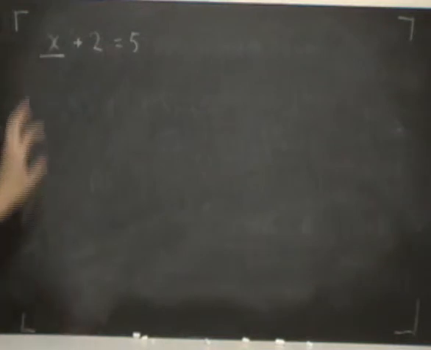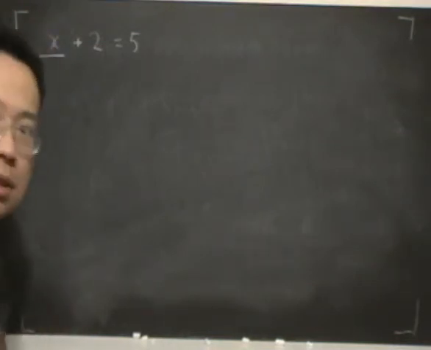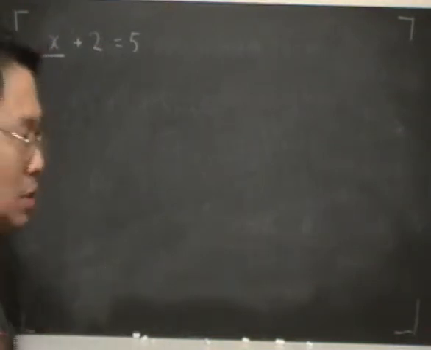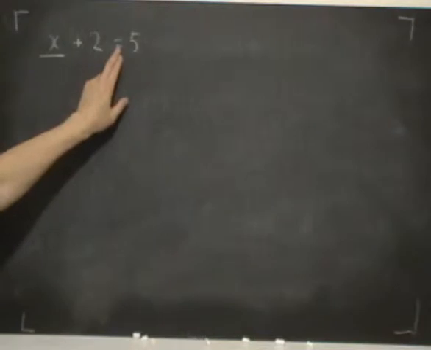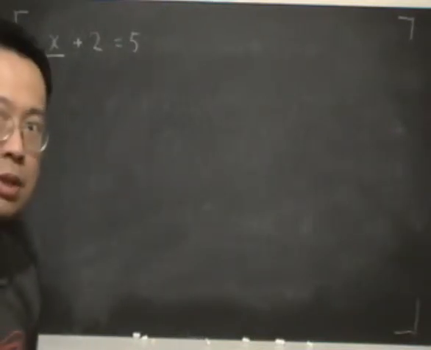So what we really have here now is an expression in algebra. x plus 2 is an expression, and we have an equal sign, and we have a 5.